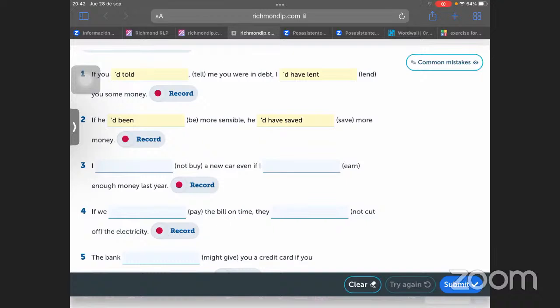If, past perfect. Y bueno, aquí empezamos con el resultado primero.